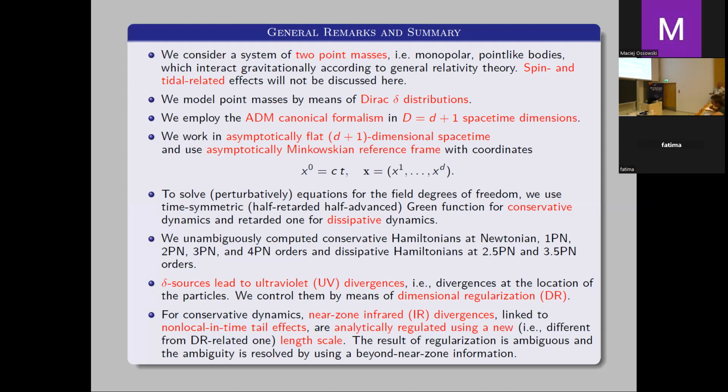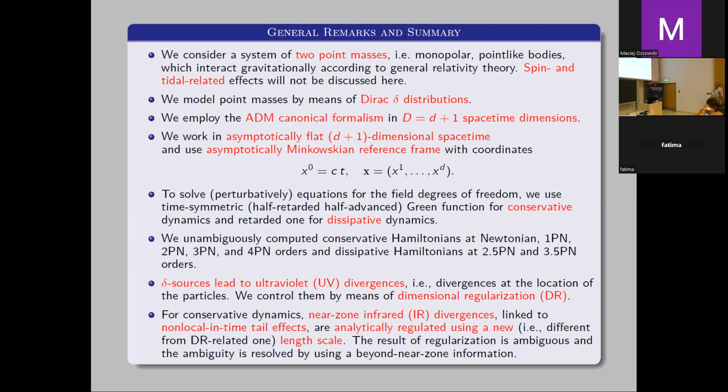Now, an important thing: we treat the conservative effects and dissipative effects in completely different ways. We will have to solve perturbatively equations for the field degrees of freedom. In the case of conservative dynamics, we will use time symmetric Green functions, that is half retarded, half advanced Green functions.